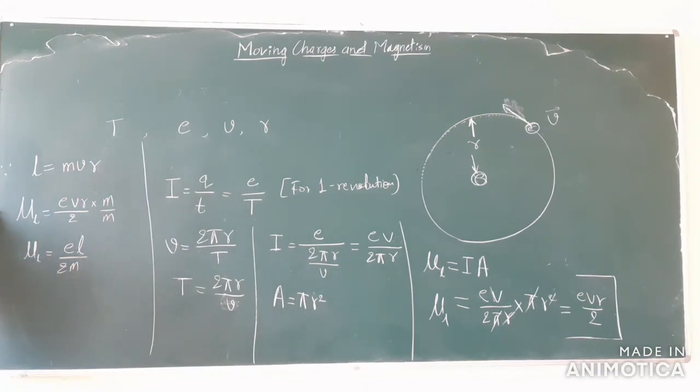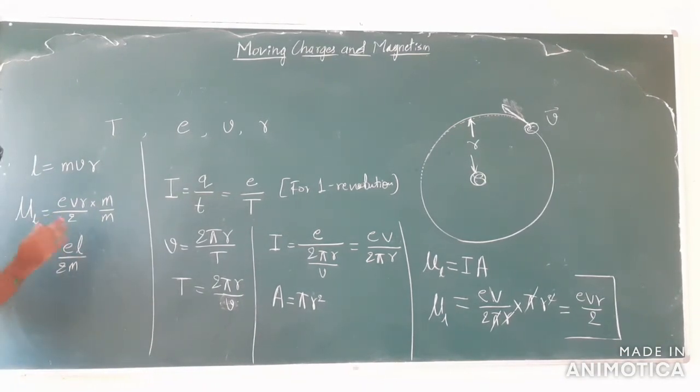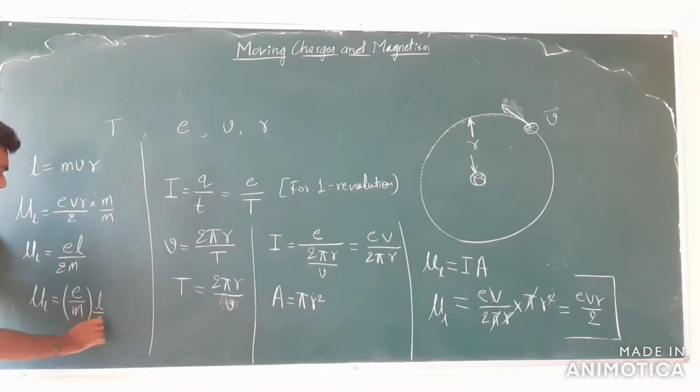Once again, this is the final expression, that's fine. But look at this: e is the charge of an electron and m is the mass of an electron, both of which are constants, and the ratio e by m is also a standard constant. So I can also express this as e by m times L by 2.